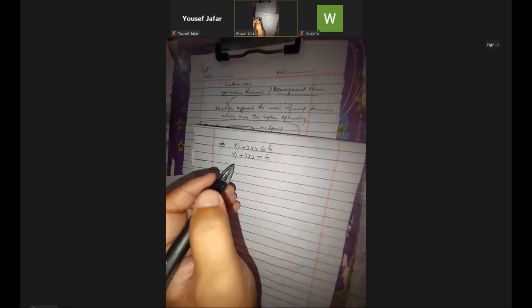Yes, we will have to equate it, just to have some specific solutions, because in inequality we cannot have specific values, we will have approximations. Now, at x1 equal to 0, we need to find the value of x2.